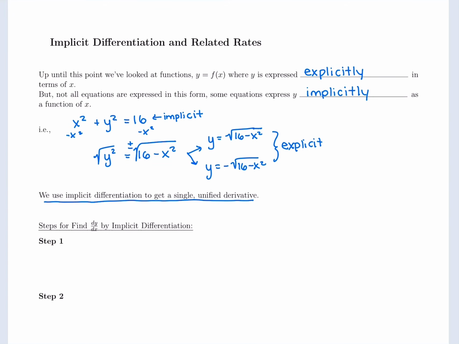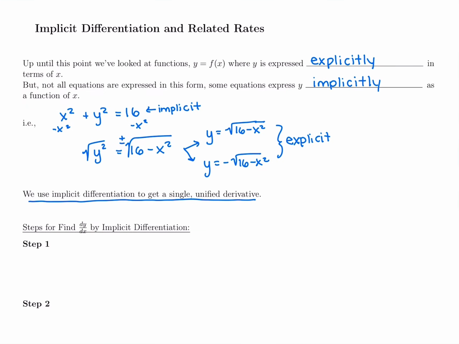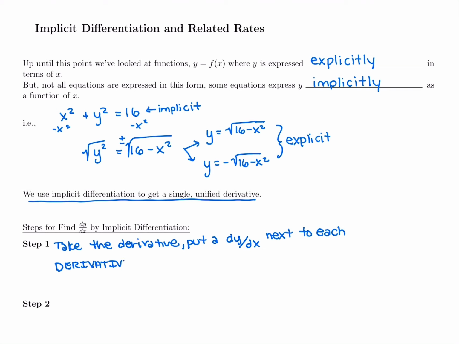First thing we're going to do is we are going to take the derivative. It's going to be a normal derivative. Take the derivative using our typical derivative rules, but we're going to put a dy dx next to each derivative of y.